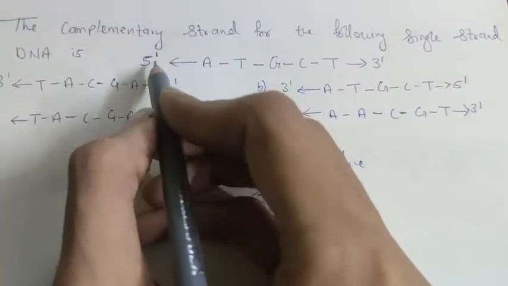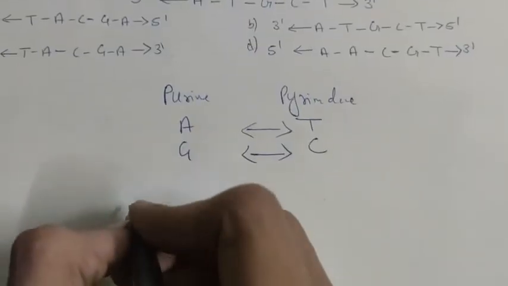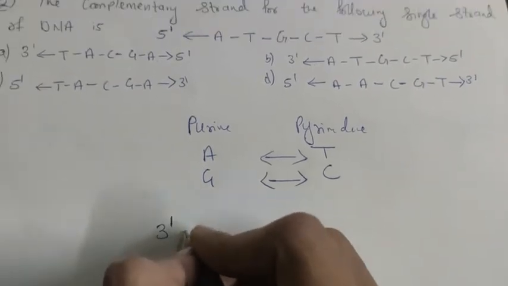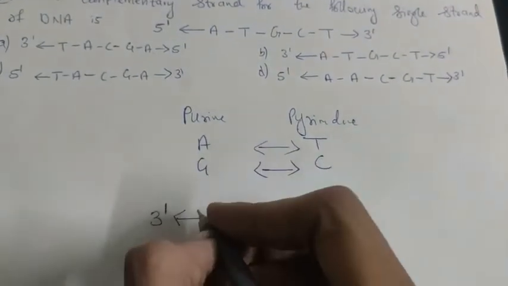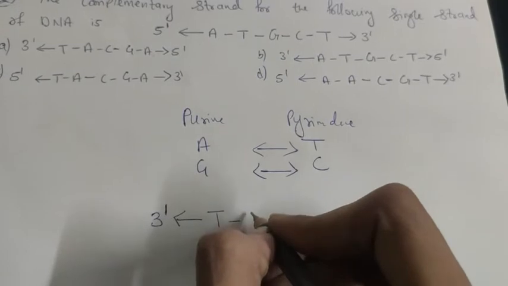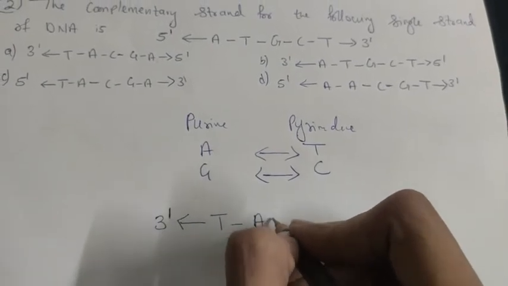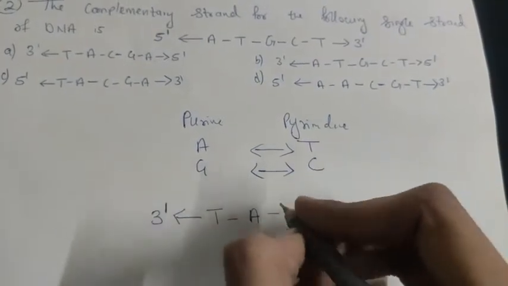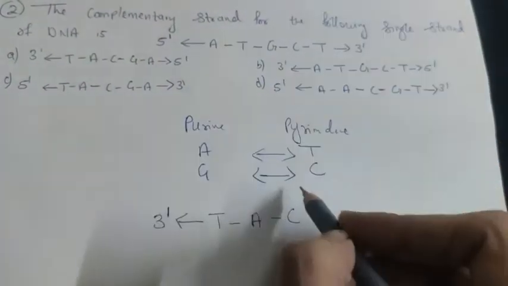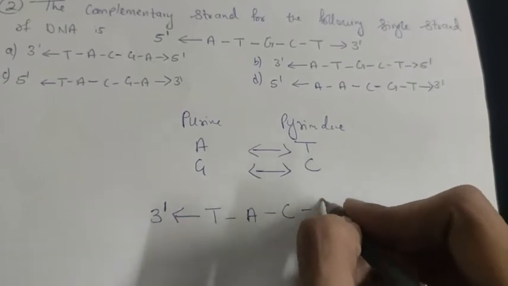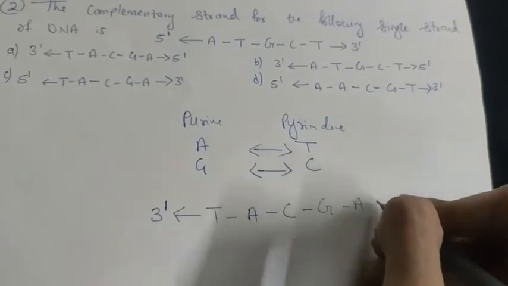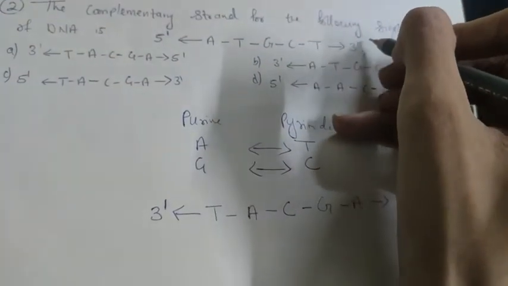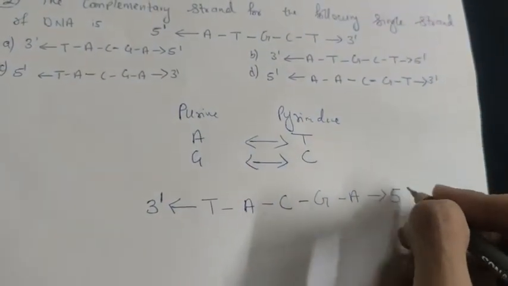Let us start with the question given. The complement of 5 prime would be 3 prime. Next, you have A, so in place of A you can put T, in place of T you can put A, then in place of G you can put C, then again in place of C you can put G, that is guanine, then again T, in place of T you have to put A, and at 3 prime you have to put the opposite, that is 5 prime.